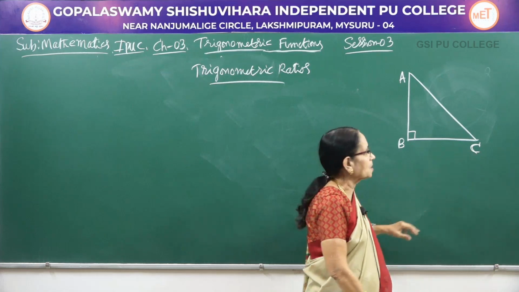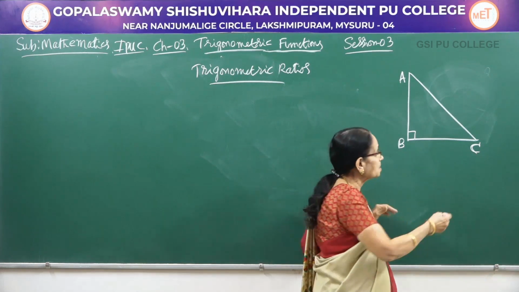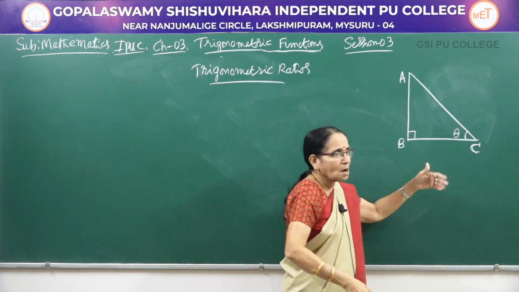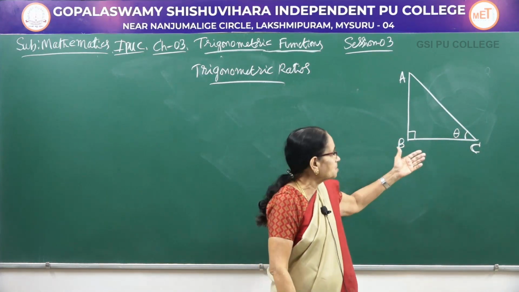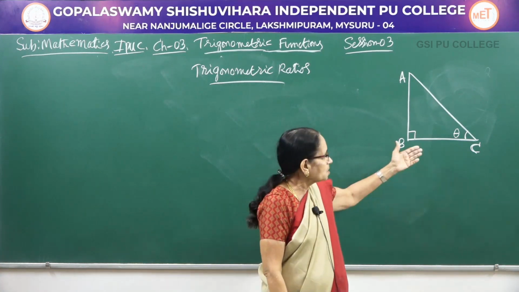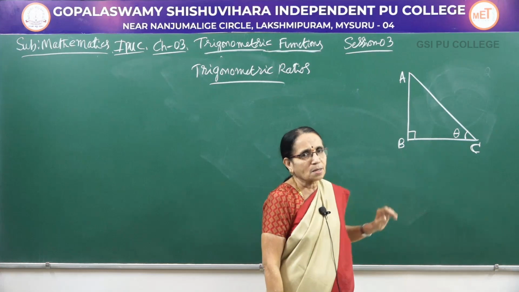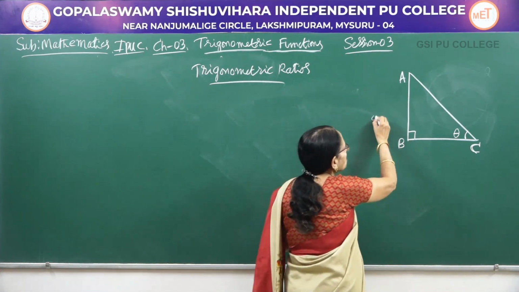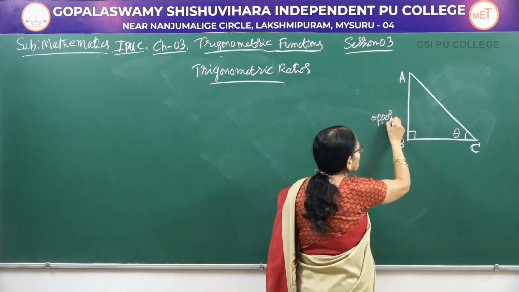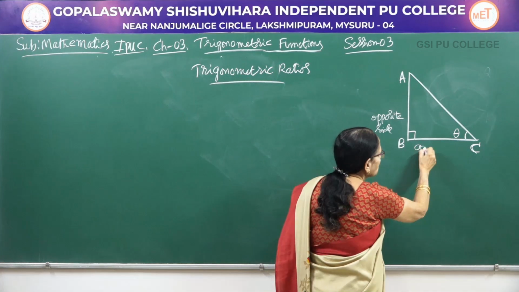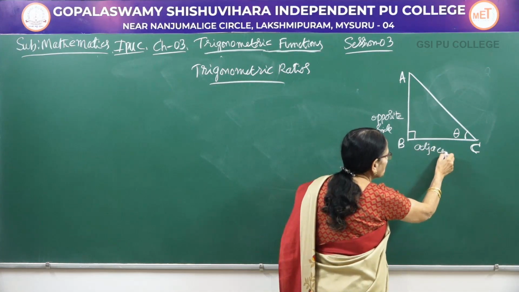Usually we take the base angle because it is easy for us to understand the concept. So, let me denote this as theta. Theta, I already used in the earlier sessions. Theta is a Greek alphabet. That is how generally we take the angle to be theta here. Now, for this angle theta, this is the opposite side, and for this one it is the adjacent side.